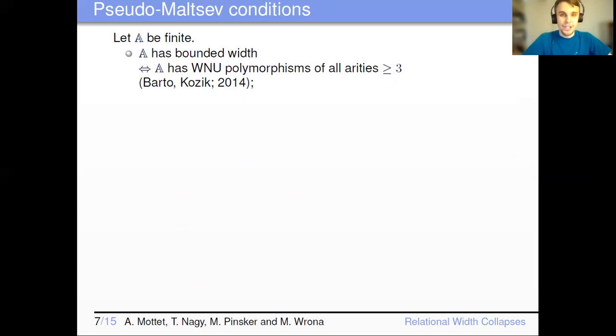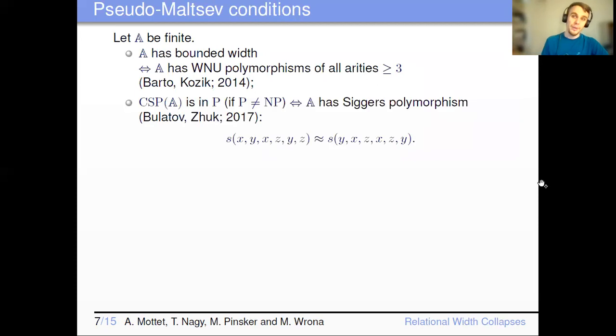Okay, and as I have already mentioned, finite domain CSPs are well understood. We know this nice algebraic characterization of bounded width. This is due to Barto and Kozik. We also know the characterization of finite domain CSPs that are polynomial time solvable. Of course, under the assumption that P is not equal to NP, they are characterized by the existence of a Siggers polymorphism.